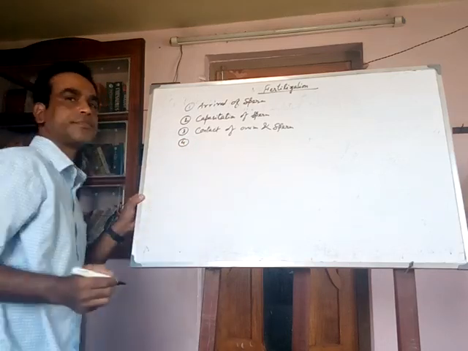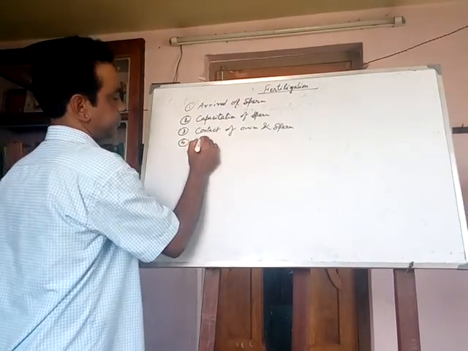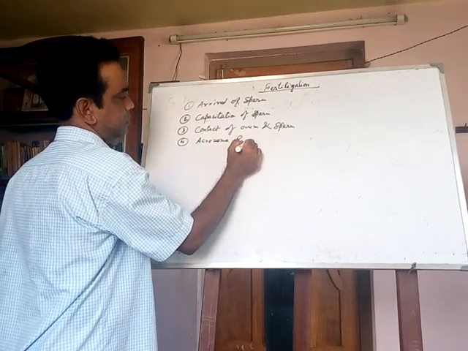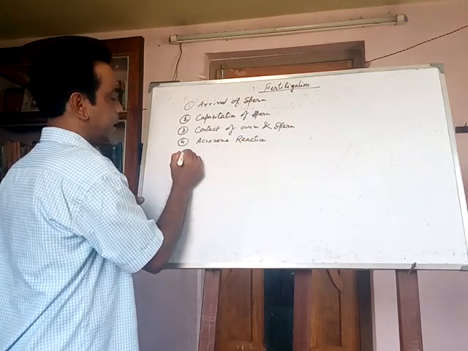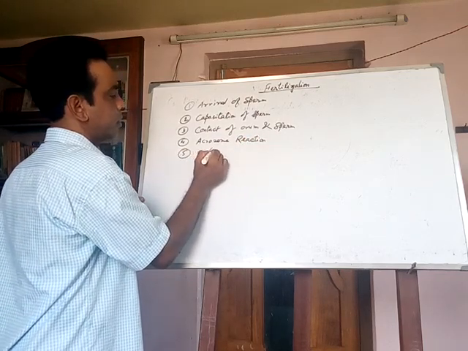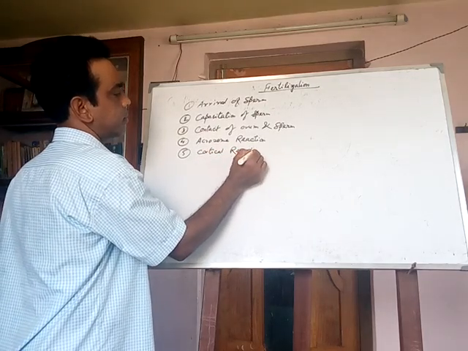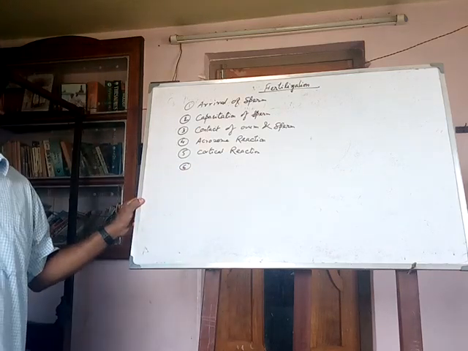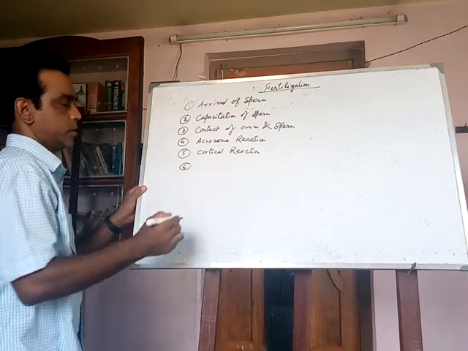Fourth step, the acrosome reaction. Fifth step, the cortical reaction. Sixth step is the union of the ovum and sperm nucleus.